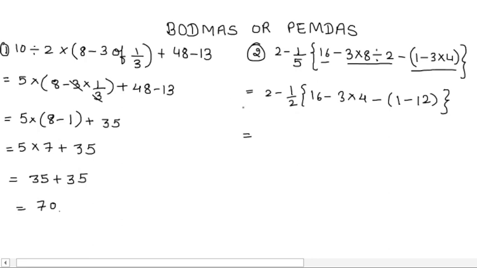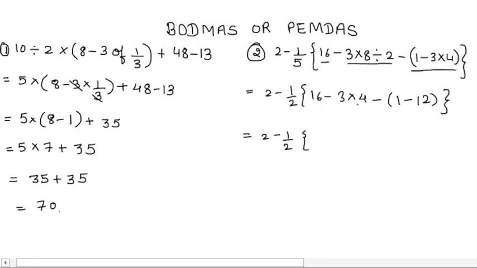Now you may wonder, out of this bracket we have 2 minus 1 by 5. Can we not solve it since it is outside the bracket? The reason we cannot solve it is that this 1 by 5 has to multiply with whatever is the outcome of this bracket, and only then can it get subtracted from 2. So that is why 2 minus 1 by 5 is written intact, it remains intact.